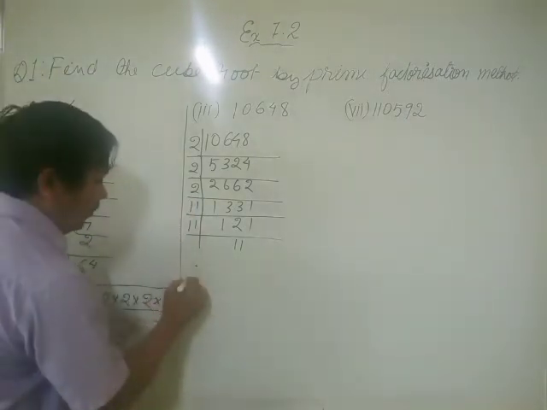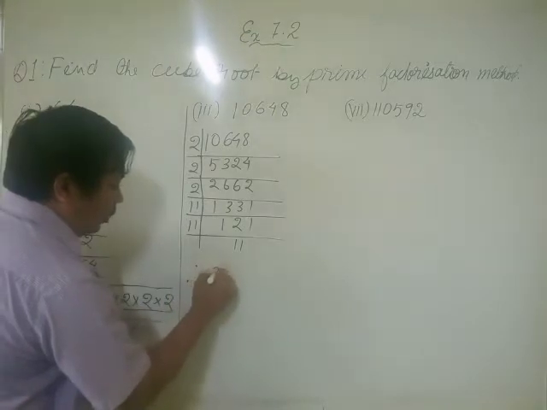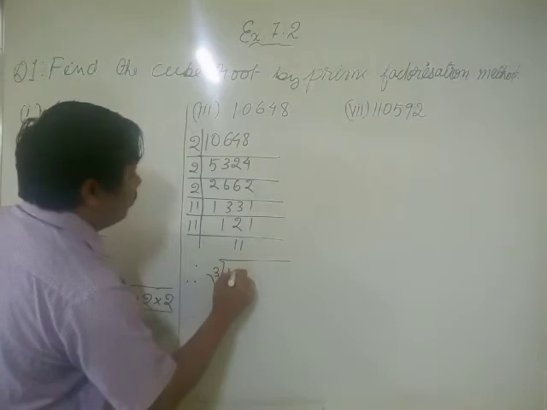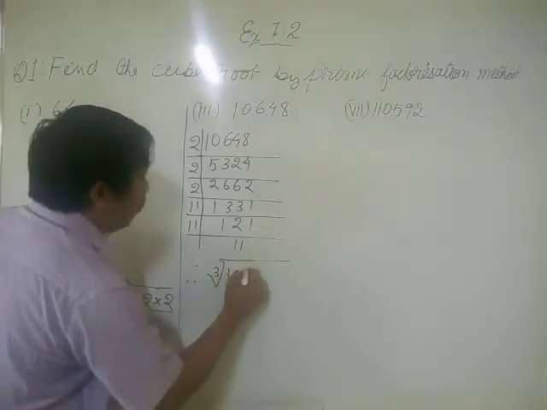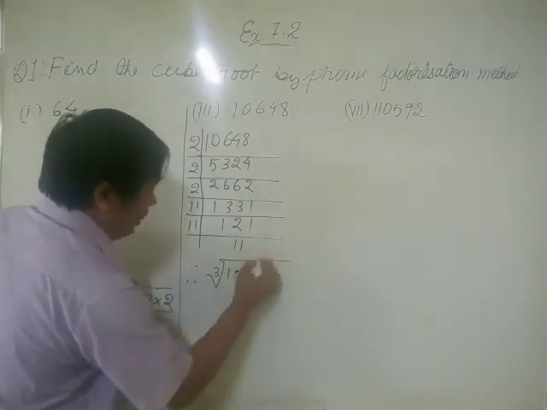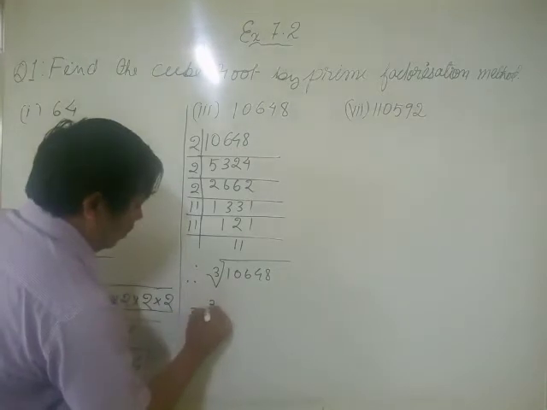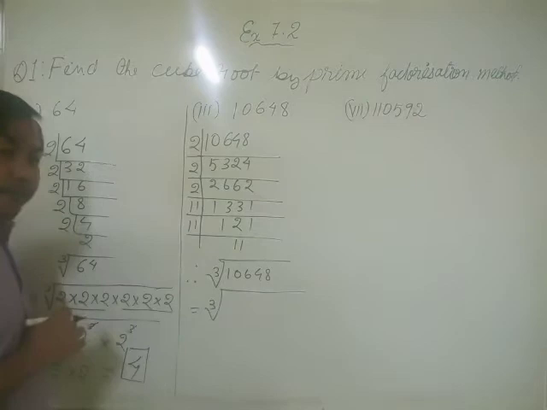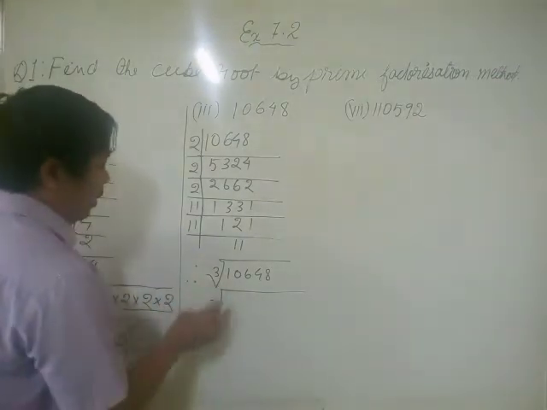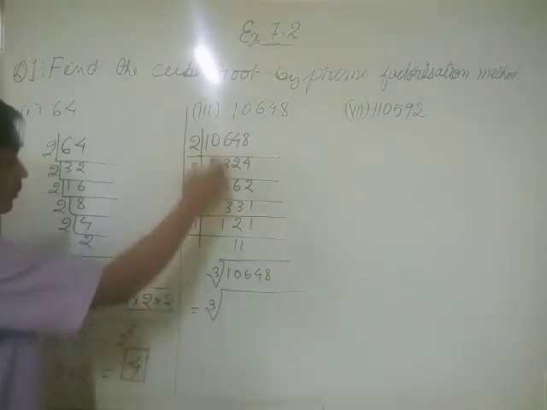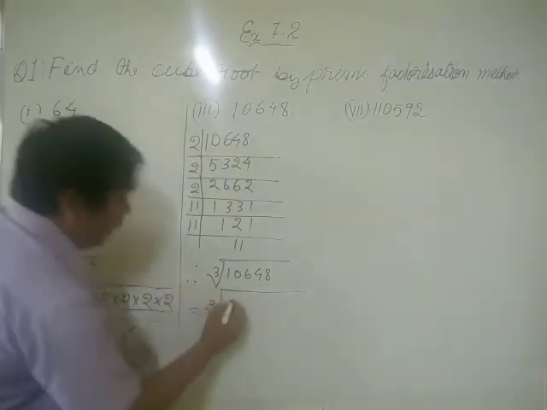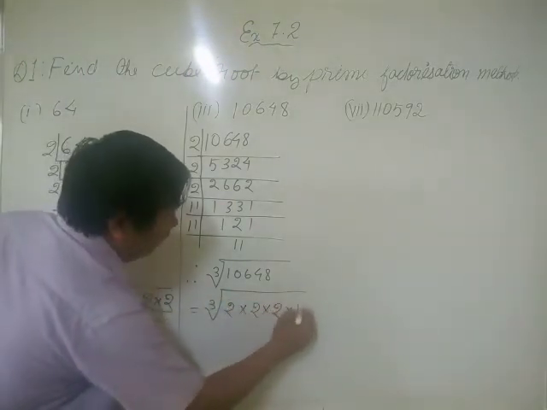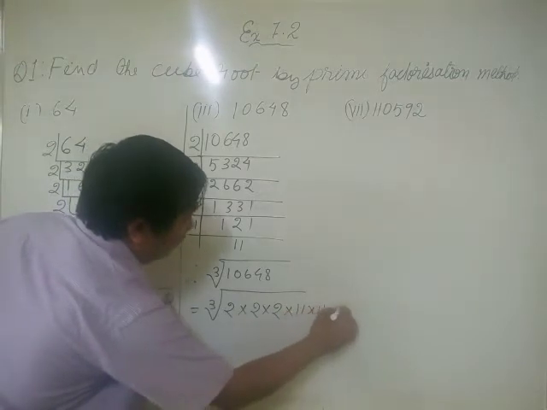So therefore, the cube root of 10648 is equal to the cube root of the prime factors. Write down the prime factors of all this that you have factorized. So what are they? 2 into 2 into 2 into 11 into 11 into 11.